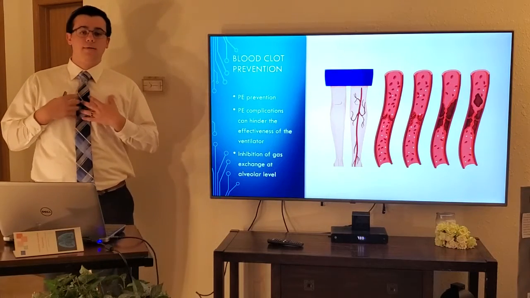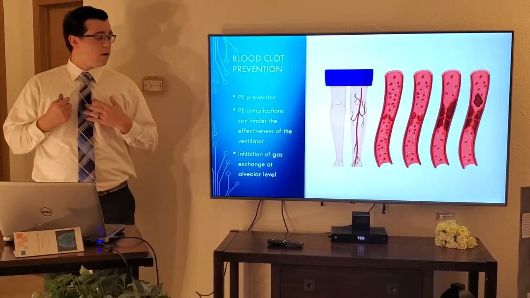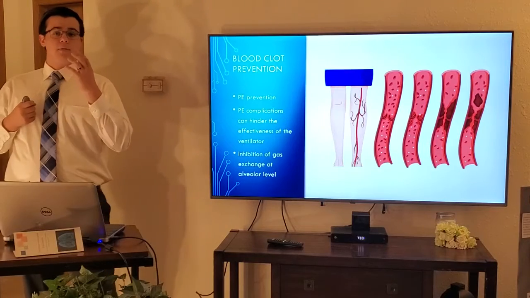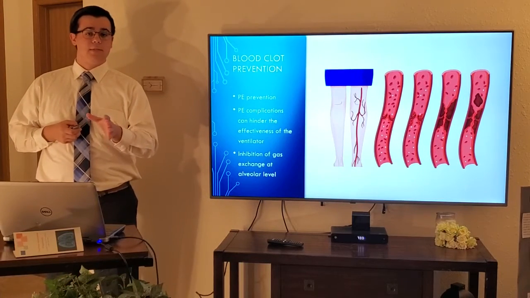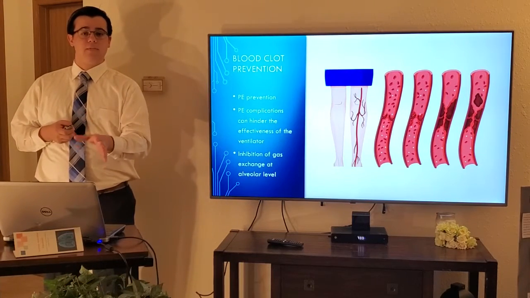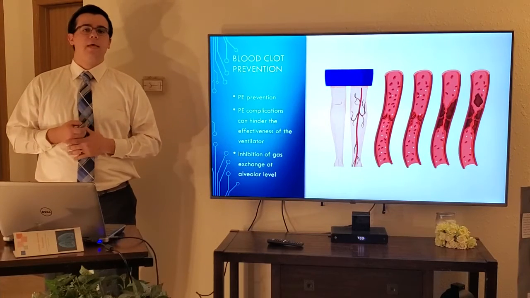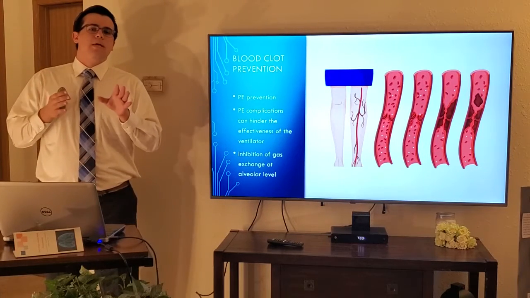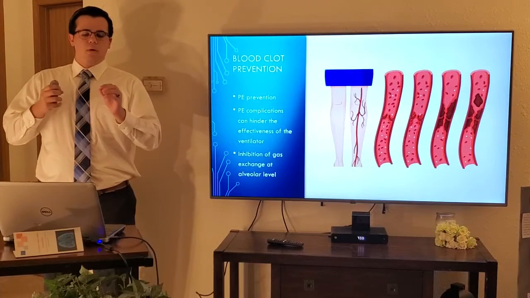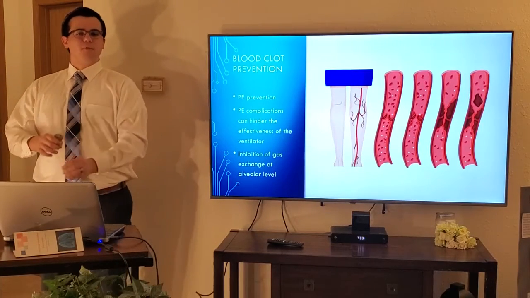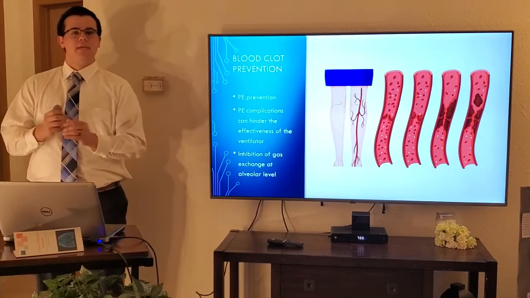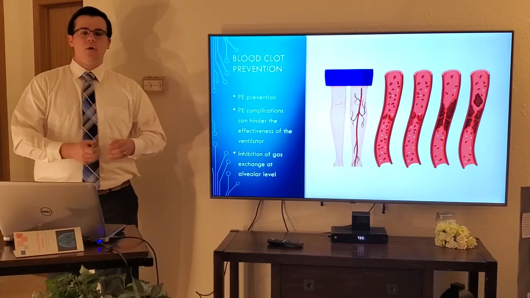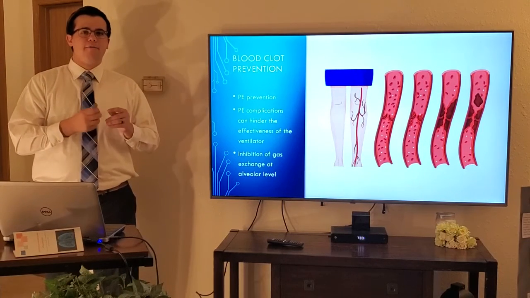Our lungs, of course, are incapable of supporting our body currently in the state that we are in because we're on a ventilator. That's what ventilators are for. And we need to prevent any further respiratory distress, any further damage or lack of function.